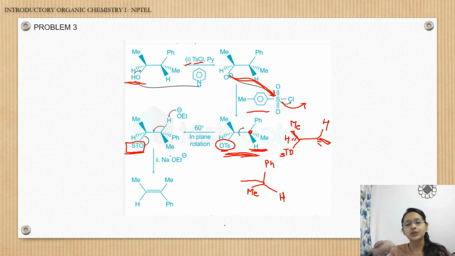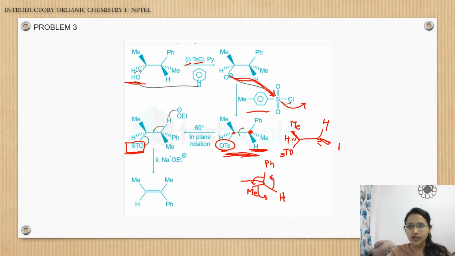I am seeing this according to the Sawhorse configuration. According to Sawhorse nomenclature, I have drawn only this carbon center, because this remains fixed. You have to rotate this carbon to make this hydrogen in plane, because it should be anti-periplanar to eliminate. So if I want to bring this hydrogen in the plane, what I have to do is rotate it by 60 degrees.